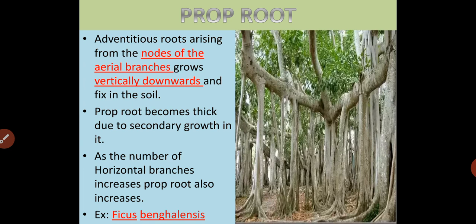As the number of horizontal branches increases, the number of prop roots also increases. These roots give mechanical support to the plant body.